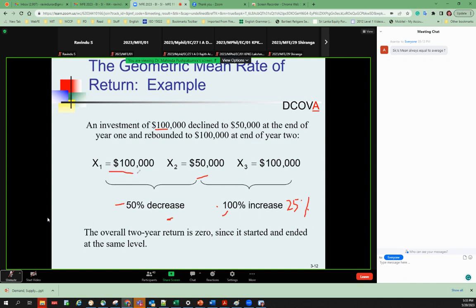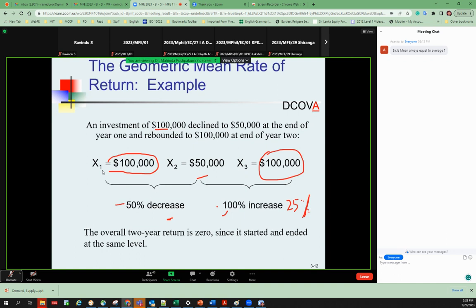Then when you compare initial investment and the end investment, both are the same. Then there is no return. But the average rate of return says that average return is 25%.